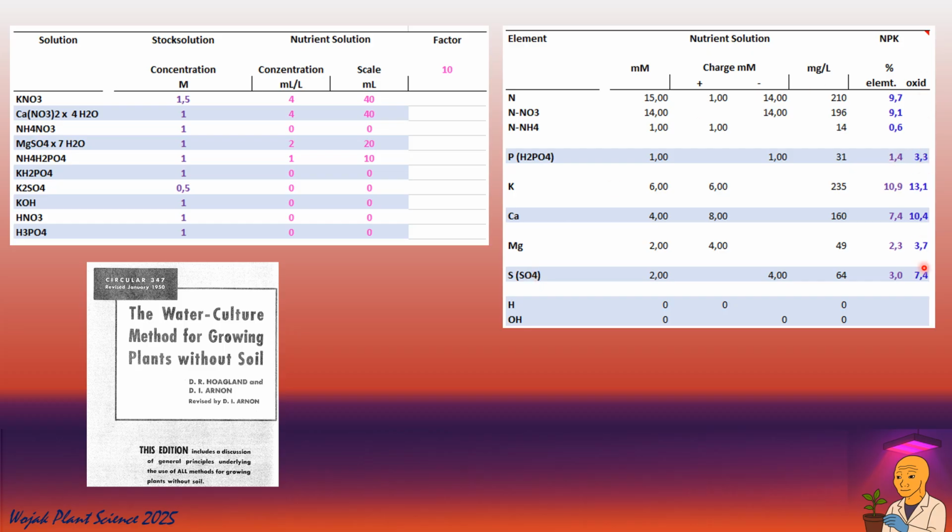So this is why we have 2 numbers here, and the non-elemental forms are called oxide forms.